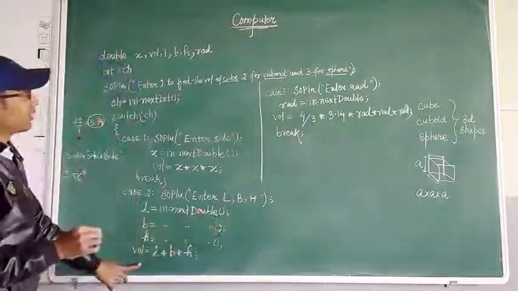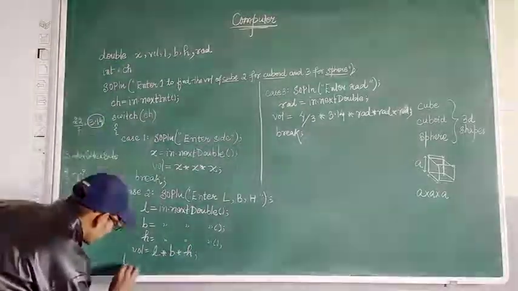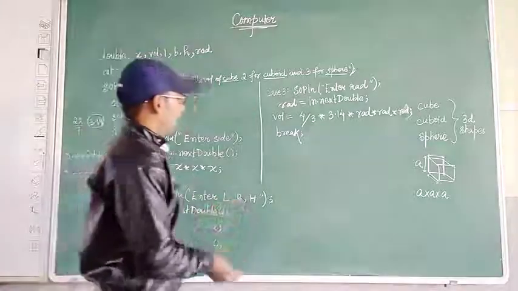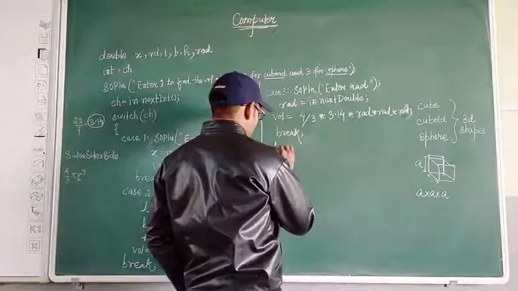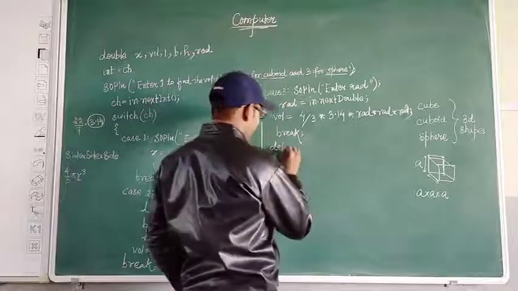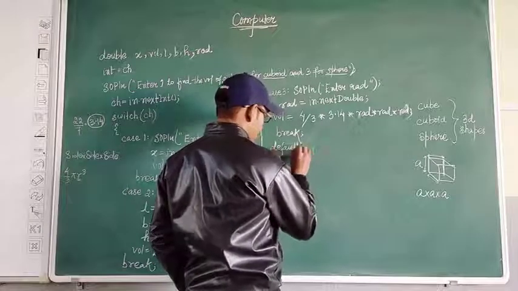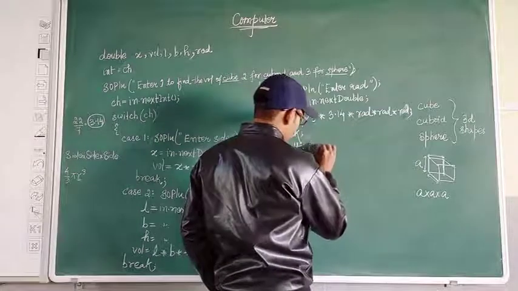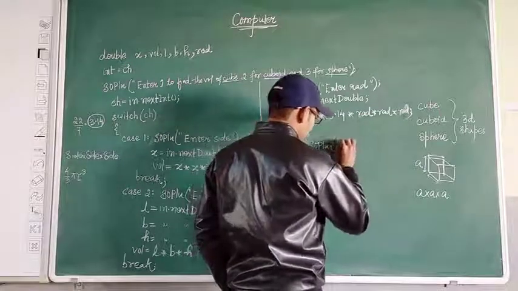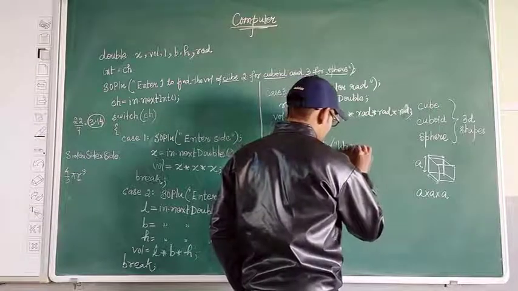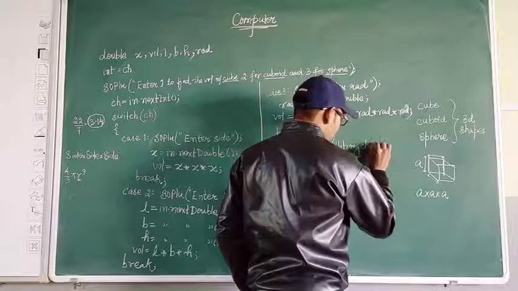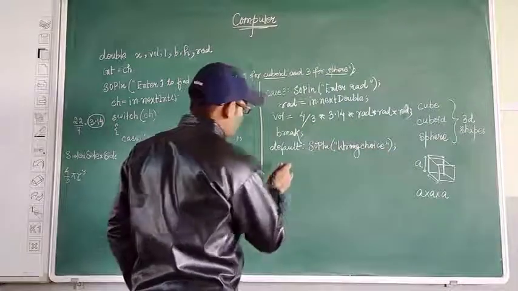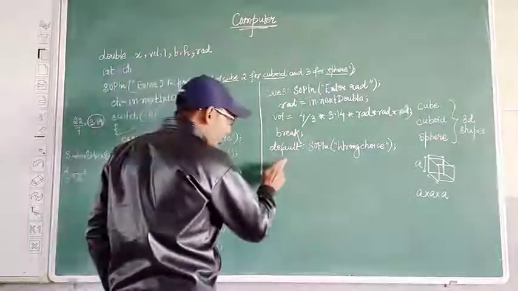Over here I have forgotten to write break. After that, default, for intelligent persons. Default, system.out.println, invalid. There is no need of writing break for default.